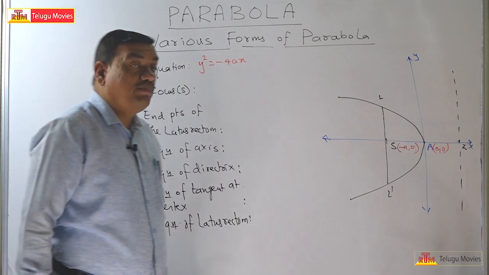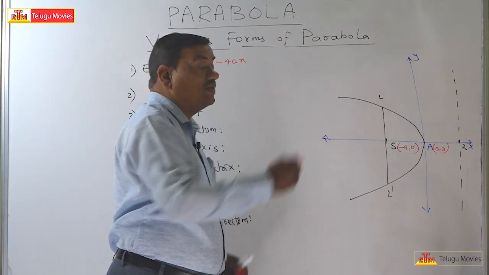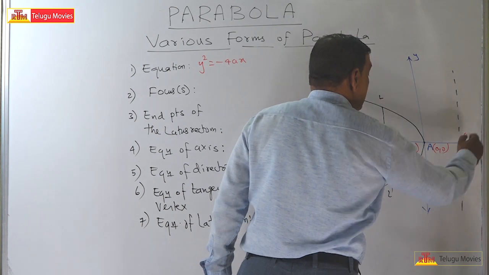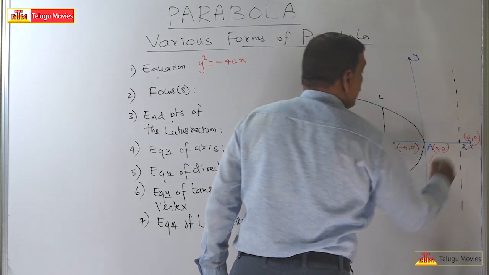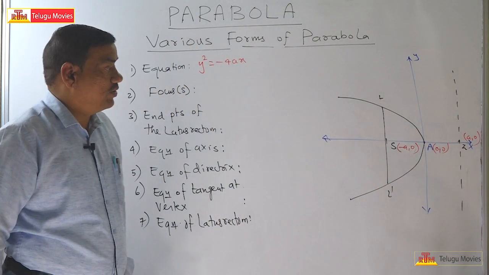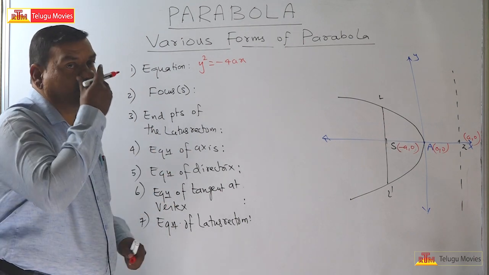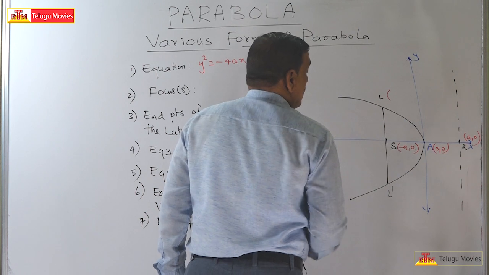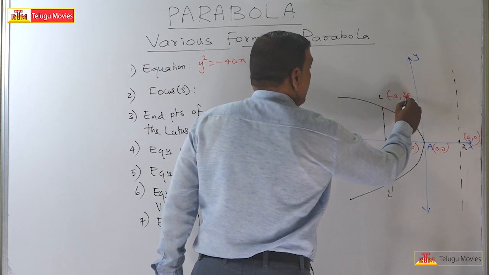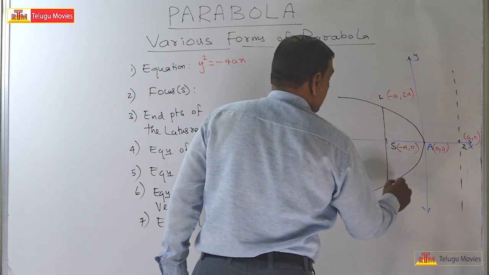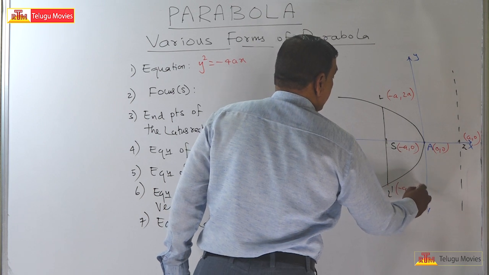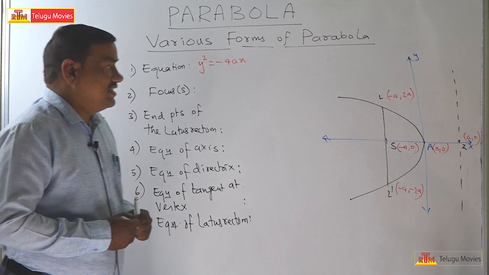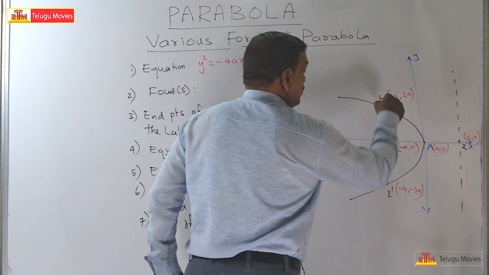The foot of the perpendicular from S on the directrix Z is given by a comma 0 on the x-axis. Now the endpoints of the latus rectum L L dash are minus a comma 2a and minus a comma minus 2a. So those are the endpoints.